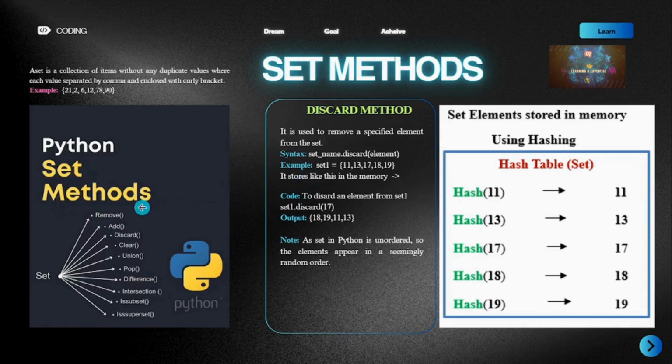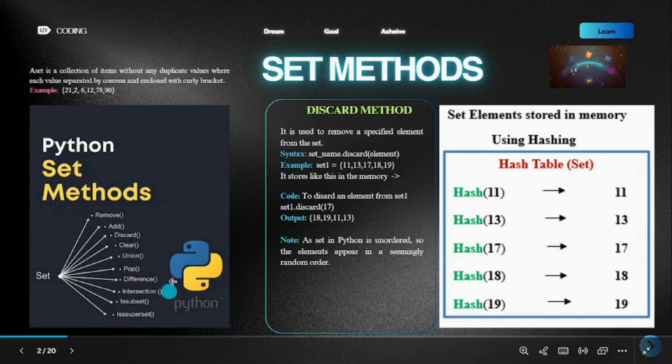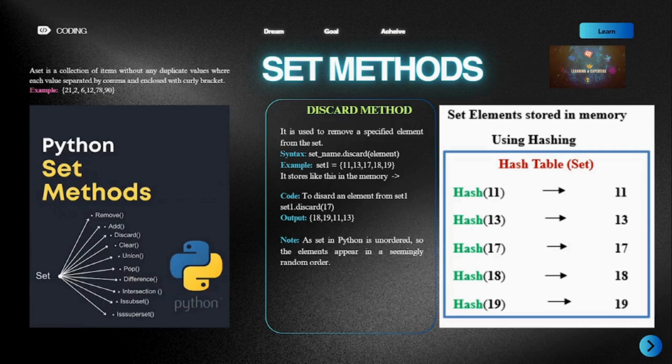There are n number of set methods: remove, add, discard, clear, union, pop, difference, intersection, issubset and issuperset. In today's session we are going to discuss discard, add, remove, intersection and difference, which are very useful in the real world. So without any further delay, let's have a practical view on these methods.